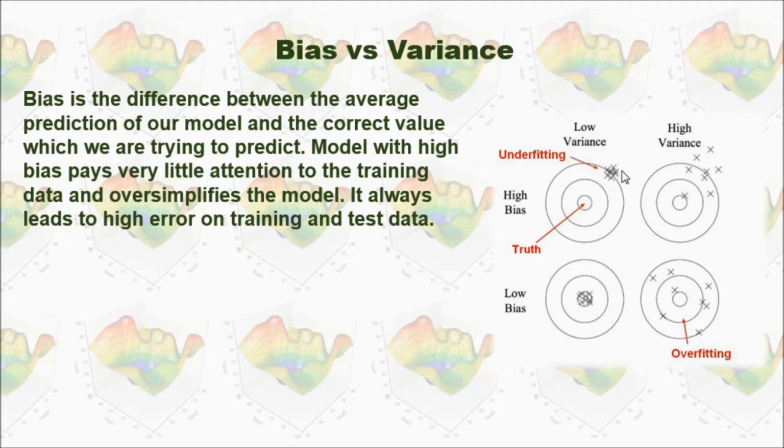If our estimates are far off from the center of the true data, we will say our estimates have high bias. If our estimates are in the center of the true data, we will say our estimates have low bias.